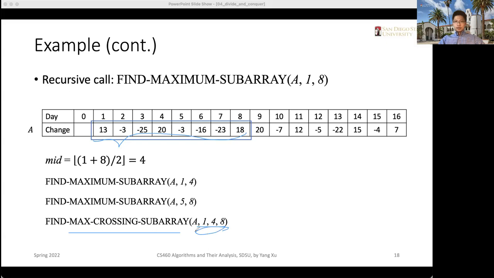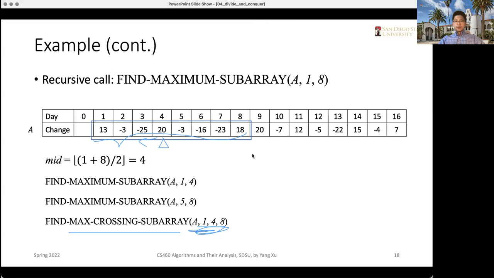So this one is also something we can manually examine, right? If we start from the midpoint 4 here and scan to the left, we see very big negative numbers, so we'll probably stop. And towards the right, we also see a lot of negative numbers.